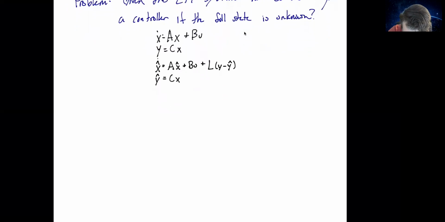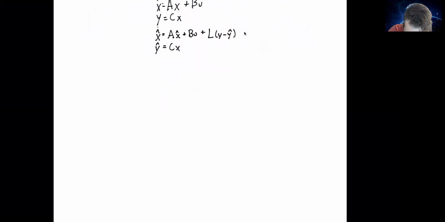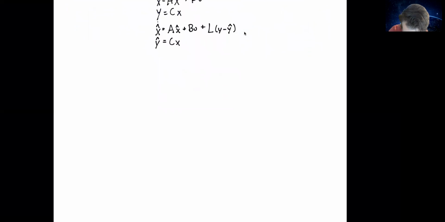So what this looks like, if we draw out the block diagram here, we'll have our system, our LTI system. So this will be x dot is equal to Ax plus Bu, and then we'll get y is equal to C times x. Draw a box around this.